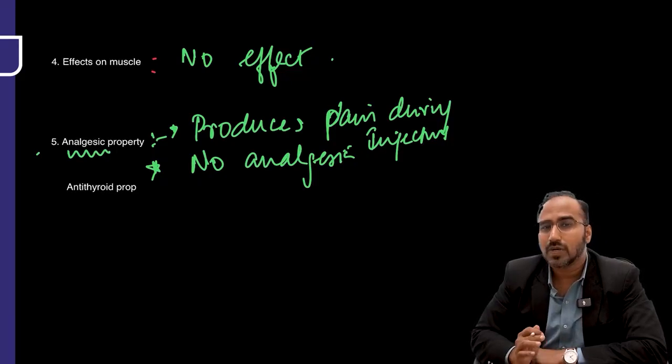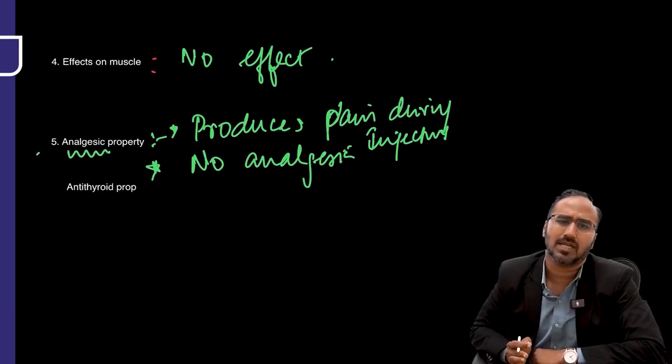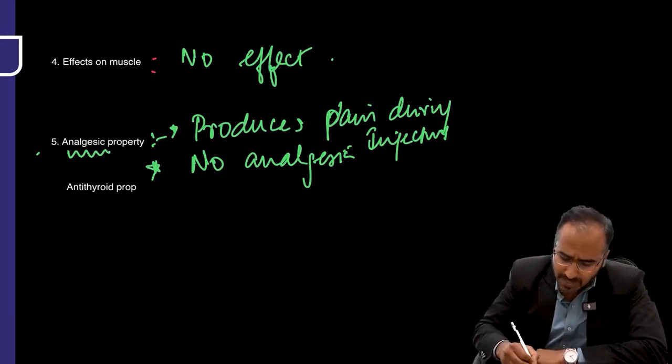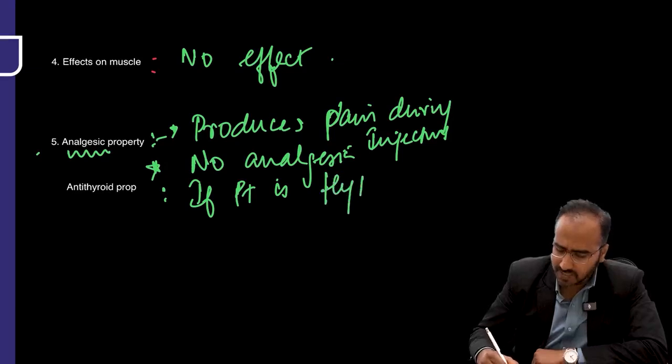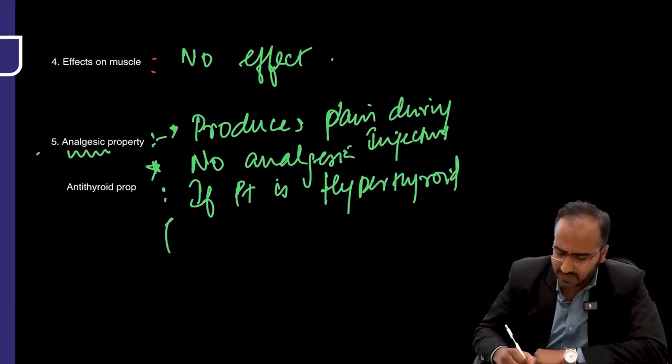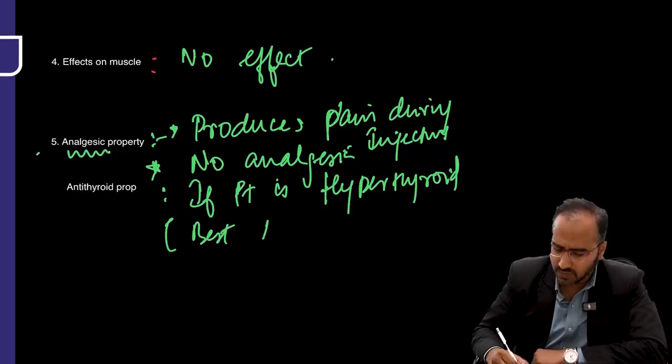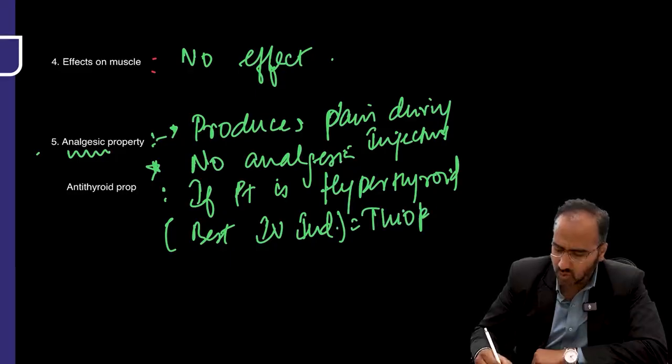One more extra point of sodium thiopentone in context of thyroid gland is what? Sodium thiopentone is having a unique anti-thyroid property. Meaning what? If the patient is suffering with hyperthyroidism, the best IV induction that could be given is what? Best IV induction is sodium thiopentone.